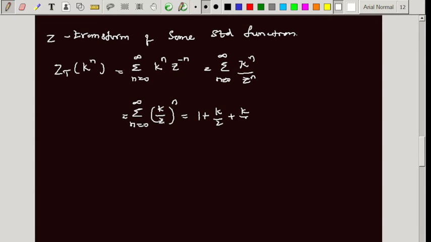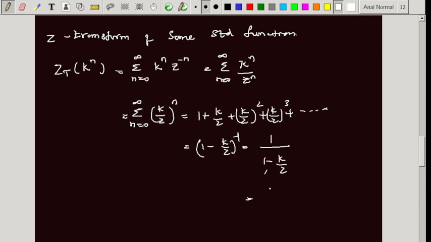By 2 we get k by z whole square, plus k by z whole power 3, plus so on. This we can write as 1 minus k divided by z, whole power minus 1 formula. We take the LCM and write it as 1 divided by 1 minus k divided by z, which is 1 divided by z minus k divided by z, equal to z divided by z minus k.